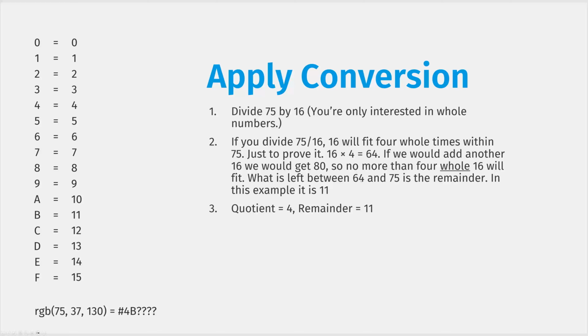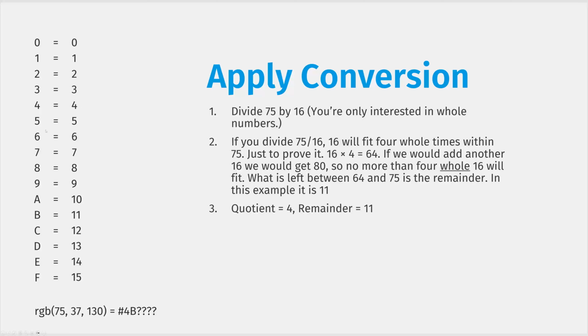What is left between 64 and 75 is the remainder. And how much is that? In this example, it is 11. So the quotient is 4, we could put it in 4 whole times, and the remainder is 11. Now, with these two numbers, we can go to the conversion board to the left and ask, what would 4 be in hexadecimal?